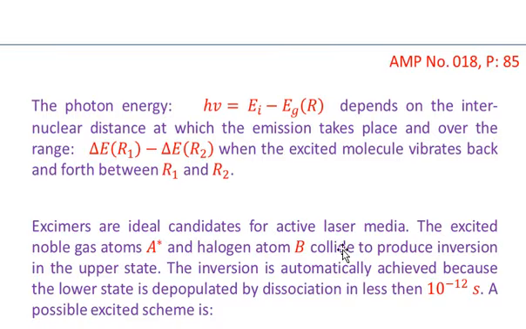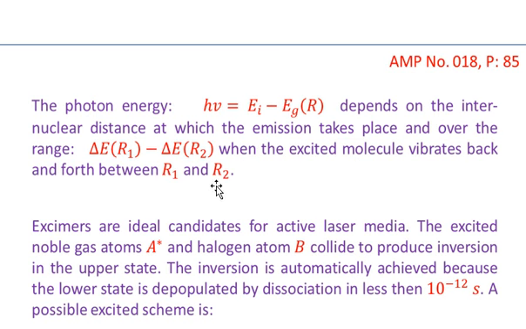So the photon energy h nu is equal to EI minus EG as a function of R, and depends on the internuclear distance at which the emission takes place and over the range of delta E as a function of R1 minus delta E as a function of R2, when the excited molecule vibrates back and forth between R1 and R2.